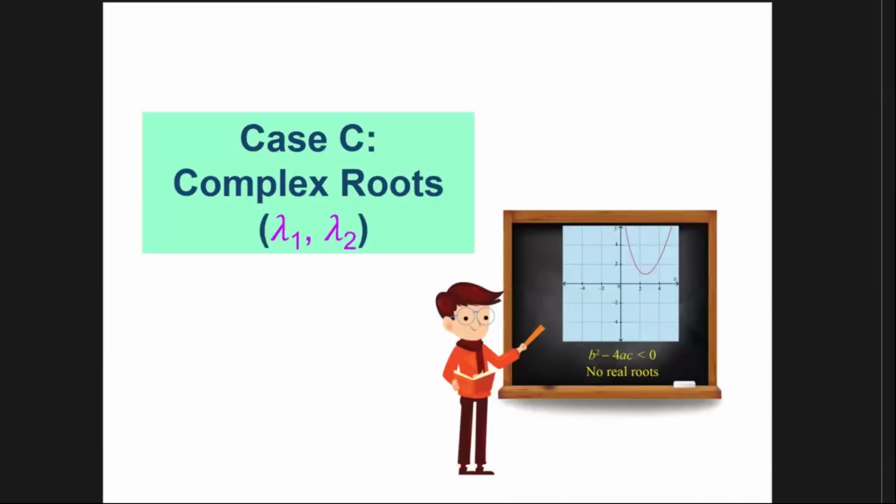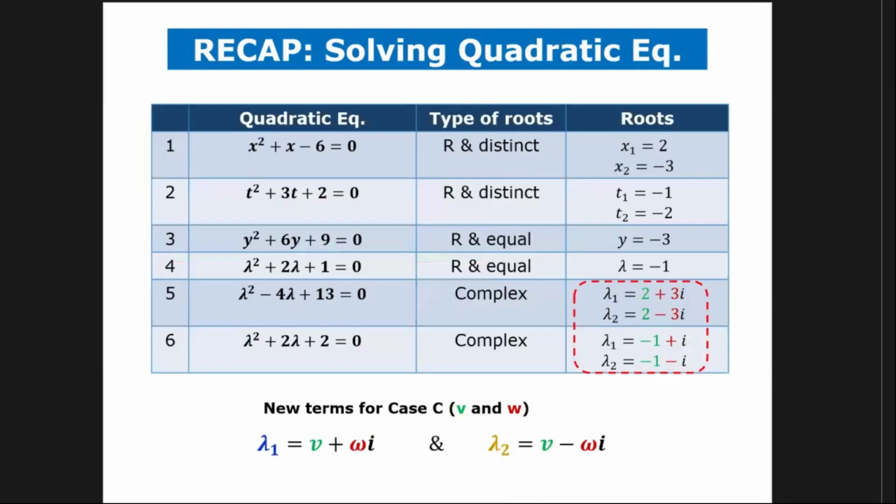Okay, C, for complex roots, where, similar to real and distinct roots, we have lambda 1 and lambda 2. So remember, for a quadratic equation, when we have complex roots, lambda 1 and lambda 2 have two terms here, a real number and an imaginary number.